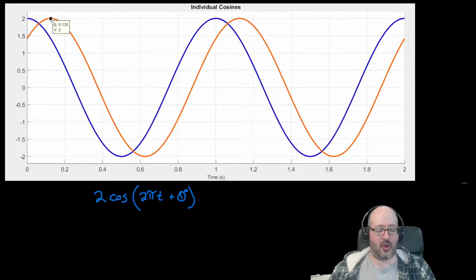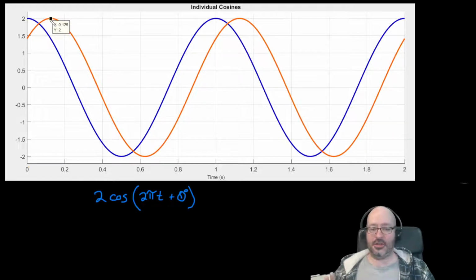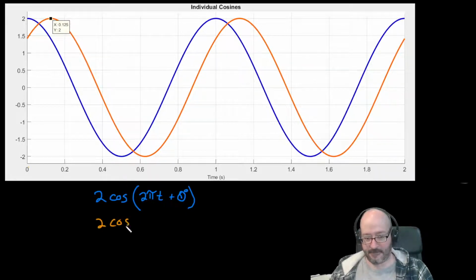What I'm hoping is that you remember back from pre-cal that when you shift a function to the right, you end up taking that function and copying everything, but then when it comes to the domain variable, which in this case is t along the horizontal, you take t.